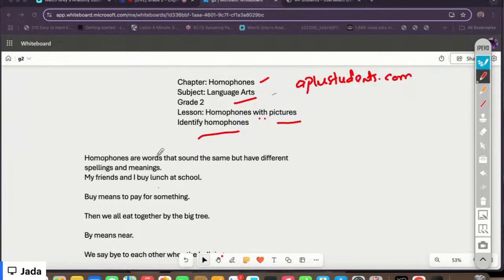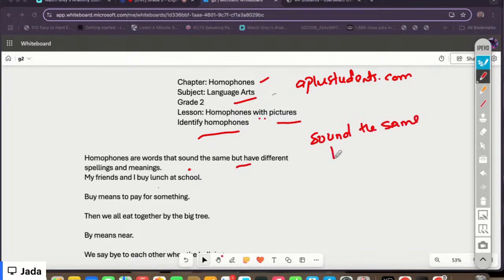Okay, so homophones are words that sound the same but have different spellings and meanings.